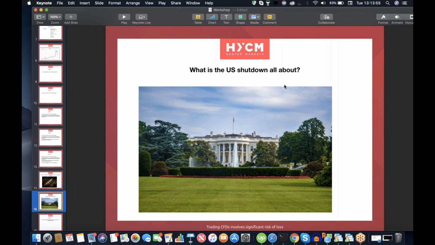For those of you who aren't aware of the way the US Congress works, Congress is essentially like their parliament, and it's split into two different houses, the House of Representatives, sometimes just known as the House, and the Senate. Prior to last year's midterm elections, the Republican Party controlled both the House of Representatives and the Senate.